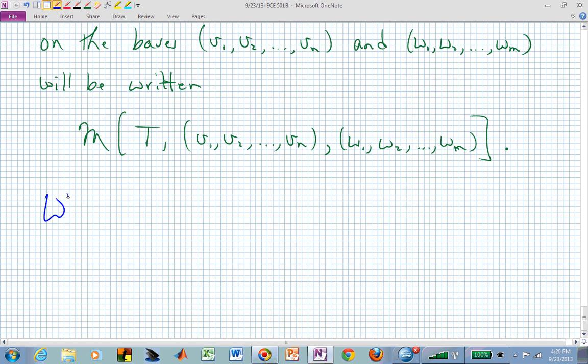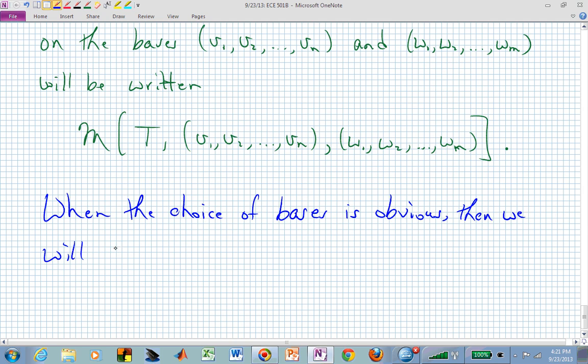So when the choice of basis is obvious, then we won't go to all that expense of labeling.